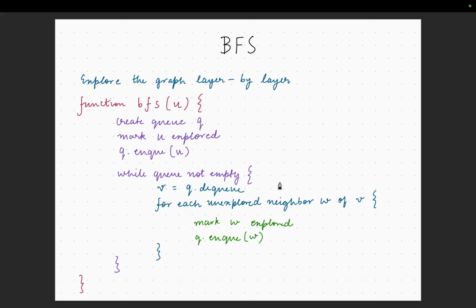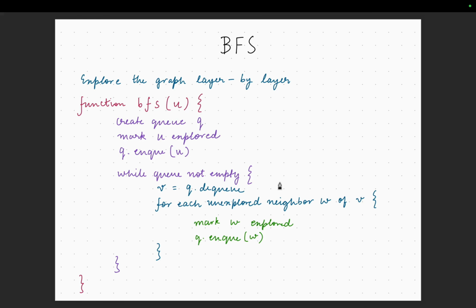Next is BFS. Now the idea behind BFS is to explore a graph layer by layer. So you first visit one vertex, then you visit each of its neighbors, and then instead of picking one neighbor and going down a path along it as far as possible, you don't do that.